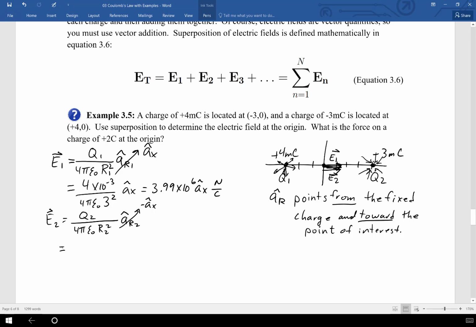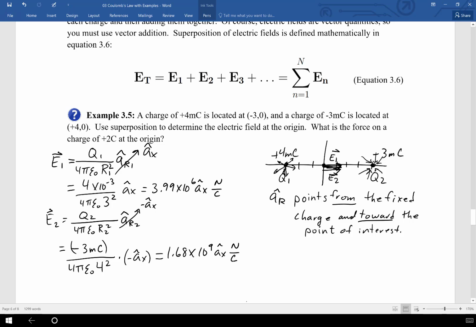So this is going to be negative 3 millicoulombs divided by 4 pi epsilon 0. That distance is going to be 4 meters squared times negative a sub x. And if you began to panic when I introduced that negative a sub x, now you realize that those two negative signs are going to cancel each other out, and we end up with 1.68 times 10 to the 9th a sub x newtons per coulomb.